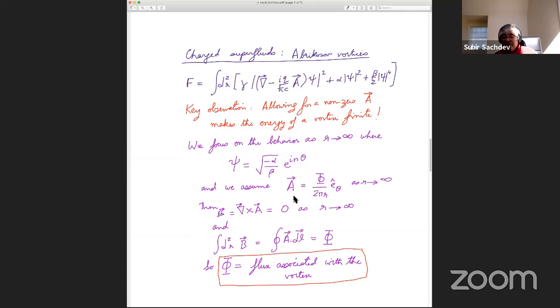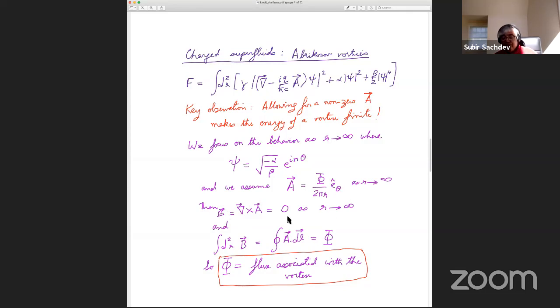So what we're going to assume is that the vector potential A also has some coefficient phi, which we'll see in a minute is just the flux over 2 pi r times e theta. Okay, now you just look up the formula for the curl for this particular vector potential that falls off as 1 over r and points in the theta direction.